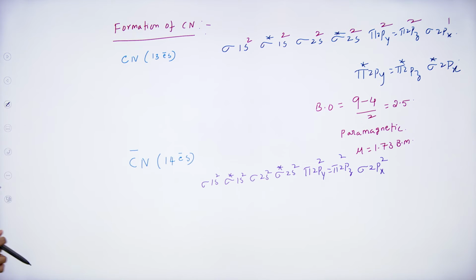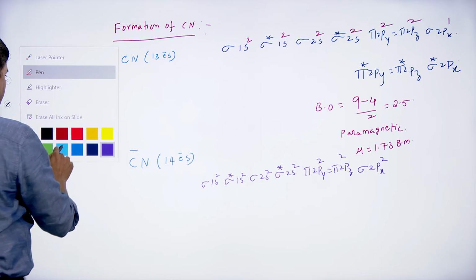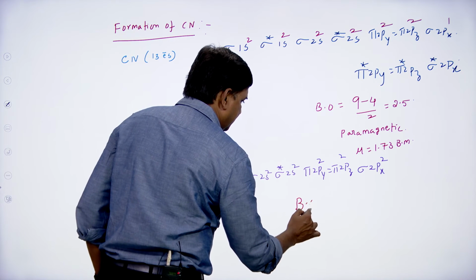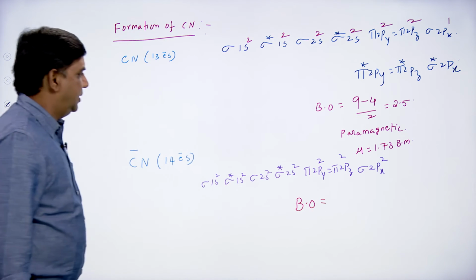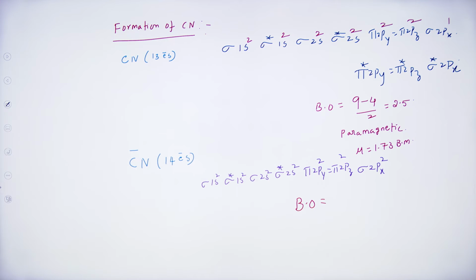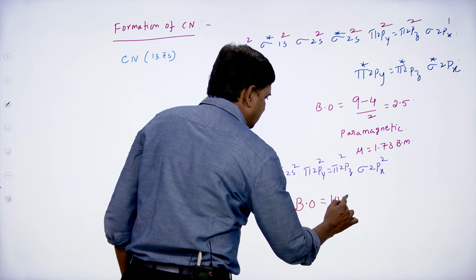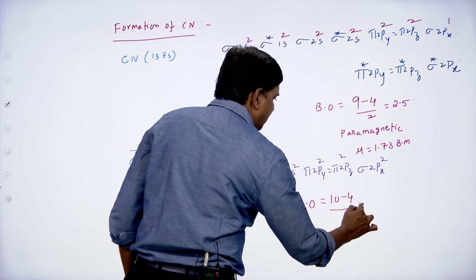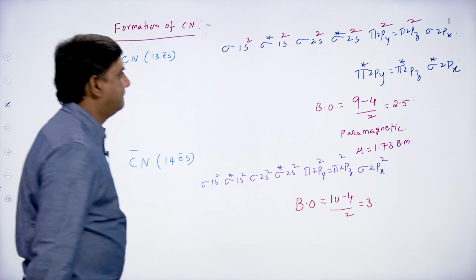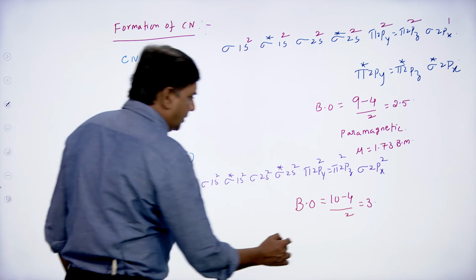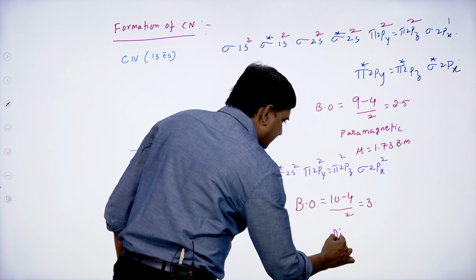14 electrons. Now bond order is equal to 10 minus 4 by 2 is equal to 3. Bond order is 3. Diamagnetic, no unpaired electron, it is diamagnetic.